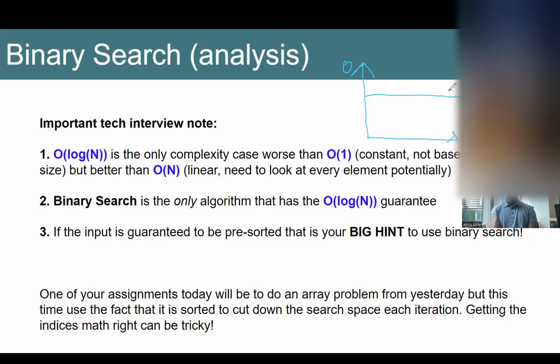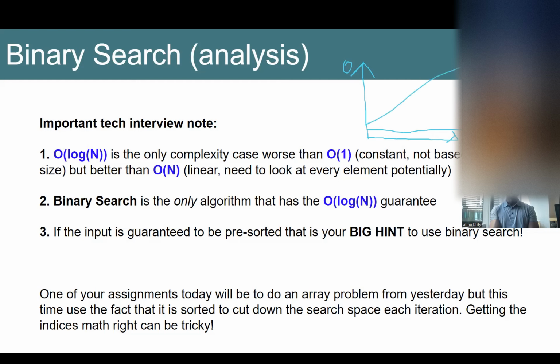Next, we have O of n, which is linear. It says as the number of inputs increases, the time to run increases linearly, or proportional to the number of inputs. And then log n, if I remember right, sort of goes underneath linear, but is worse than O of 1. Here, let me redraw this.